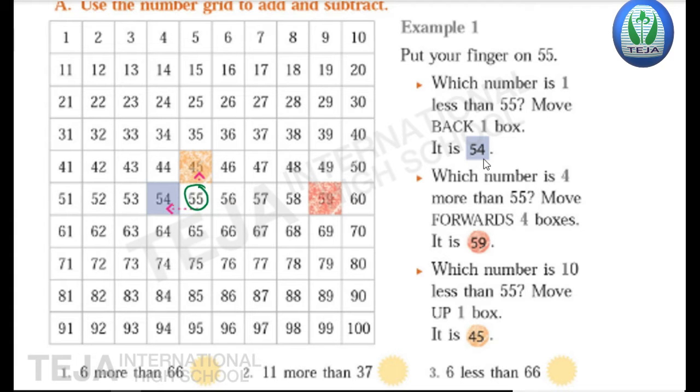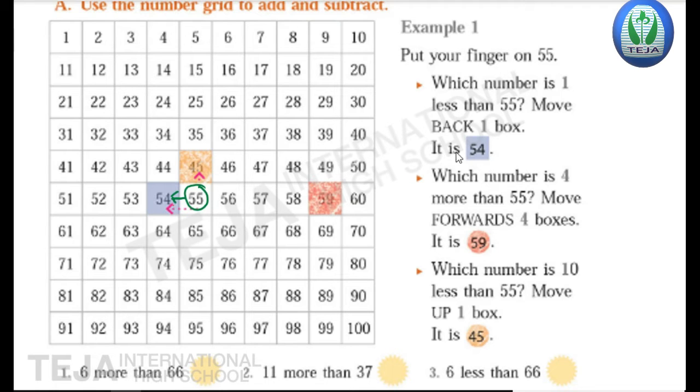That is, for the smaller number, we should move back one digit, whereas for the bigger number, we have to move forward one digit. So if we move back one box, what happened? The number is 54. So 1 less than 55 is 54.